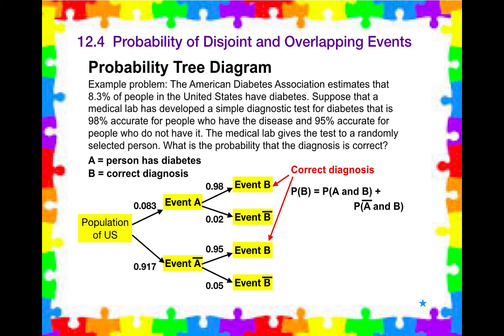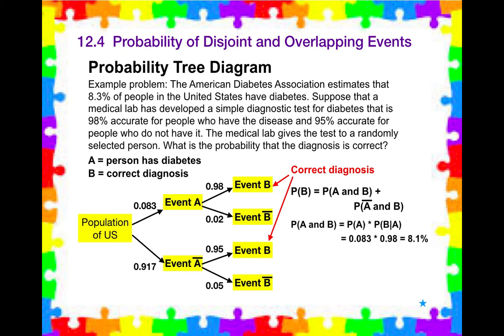So what we'll do is we'll take the probability of event B is equal to the probability of A and B plus the probability of not A and B. And that's just following these parts of the tree.